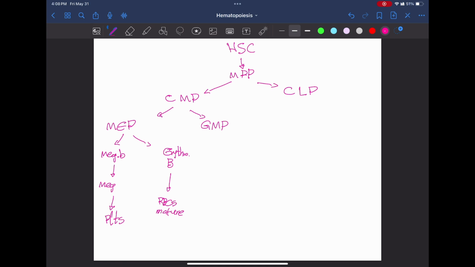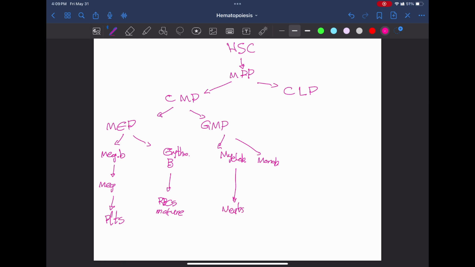Granulocyte monocyte progenitors, on the other side, can give rise to myeloblasts or monoblasts. Myeloblasts can go through different stages of maturation, differentiating into promyelocytes, myelocytes, metamyelocytes, and eventually giving rise to neutrophils.